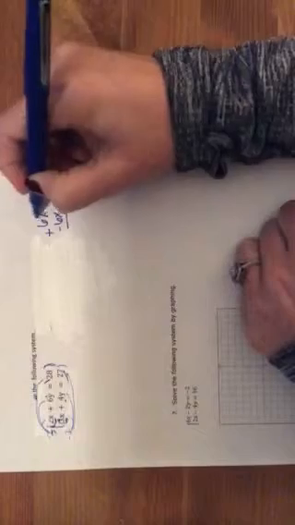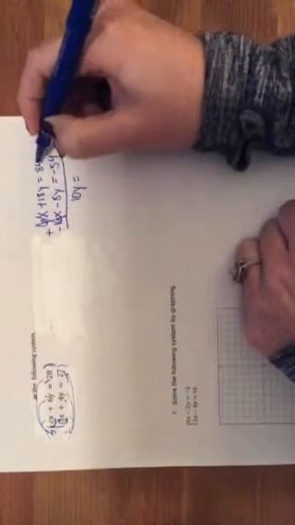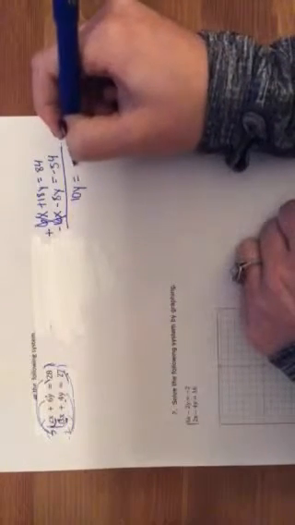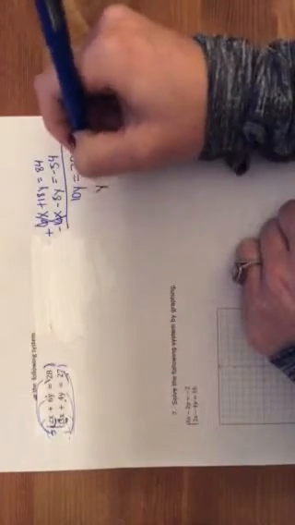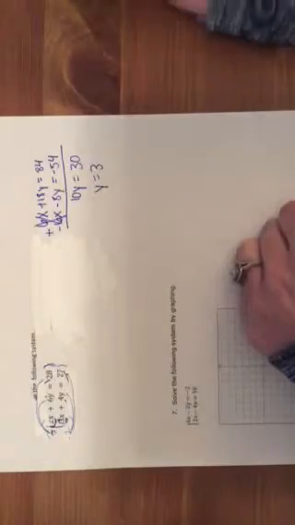6x plus negative 6x eliminated. 18y plus negative 8y, 10y, equals 84 plus negative 54 is 30. So that gives me that y is equal to 3. Now, I'm not done. I have to go back and find x. So let's plug into, I don't know, the first equation.